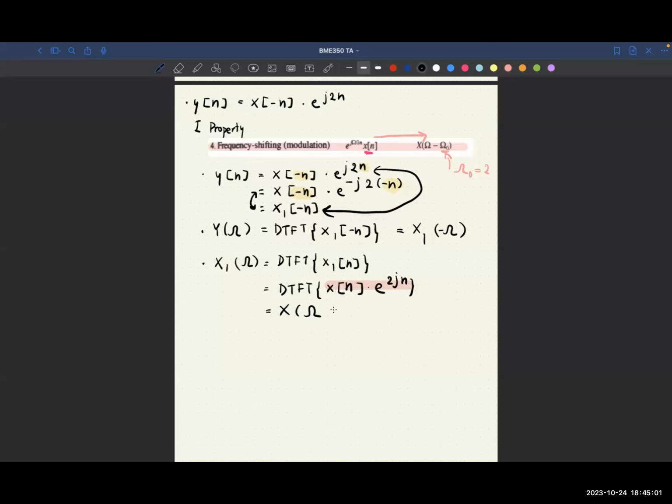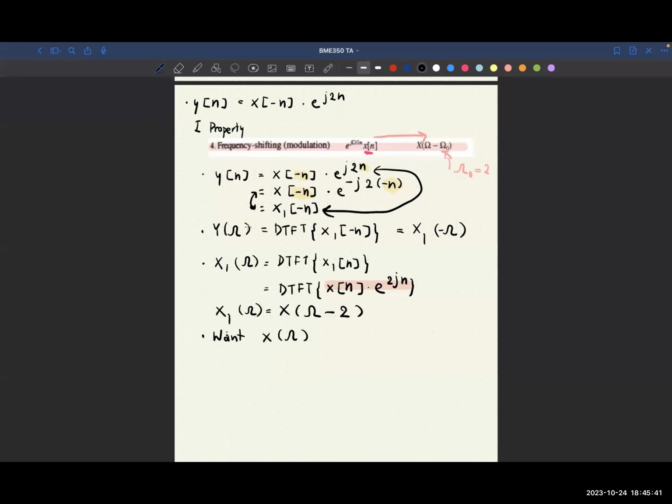of omega minus 2, right? But this is just x1 of omega. But what we want is x of omega. Therefore, we know that x1 of omega is when we change n to negative n, right? Now we're going to do the same to omega.